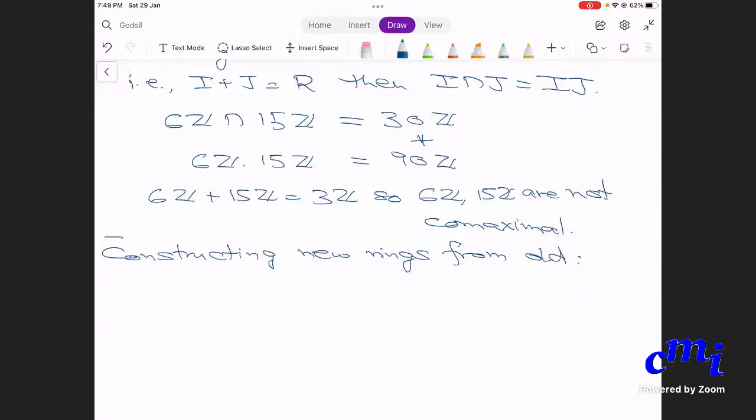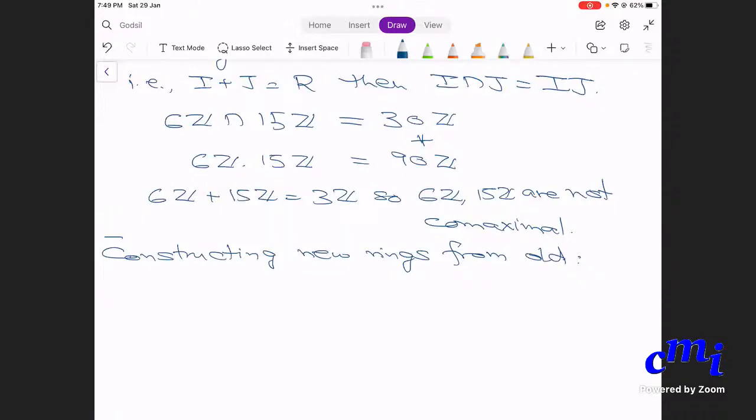We already have one collection of examples of rings, and I told you how to get some more. One way of getting new rings from old is by the quotient construction. You could take a ring and an ideal in that ring and take the quotient ring, which gives you a new ring. But there are other constructions.